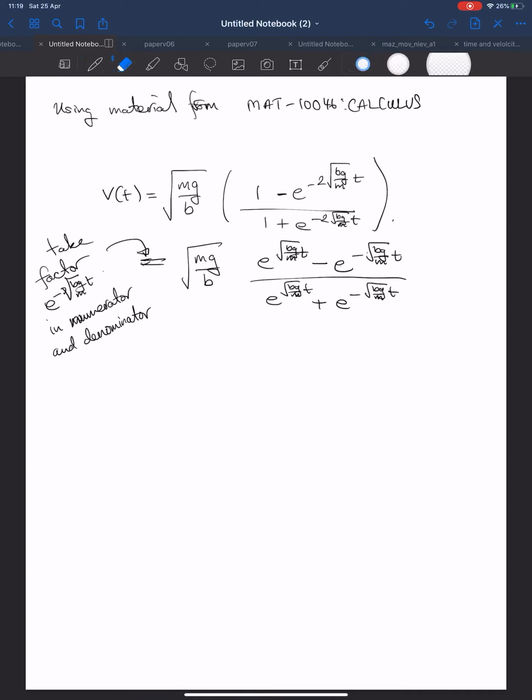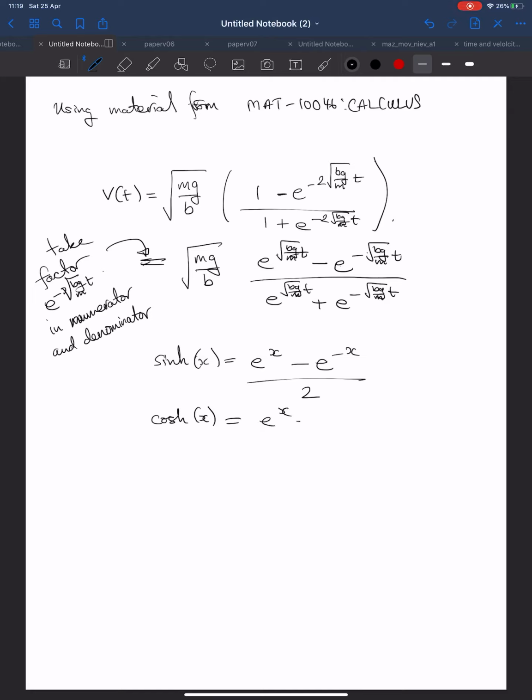So remember that sine hyperbolic of x is the following: e to the x minus e to the minus x over 2. Cosh, hyperbolic cosine in terms of exponentials is this. And so tanh, or tan hyperbolic, is then the ratio of these two functions, which is just then the ratio of the following.